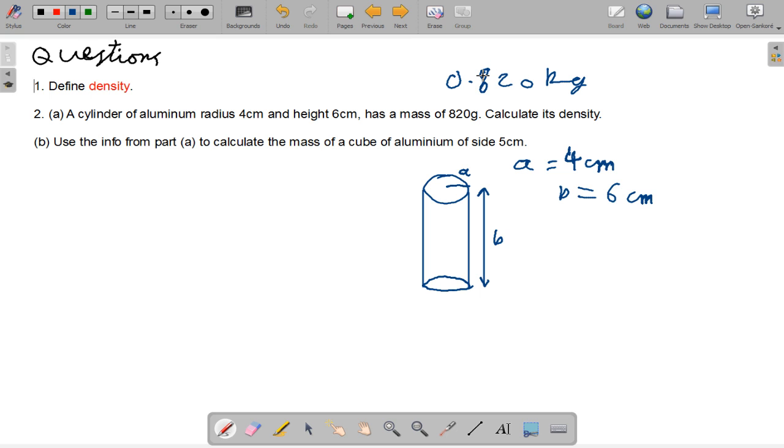So when you get to it, just divide it by 1,000. Use the information from part A to calculate the mass of a cube of aluminium of side 5 centimeters. So looking at the diagram, A is 4, the radius, and B is 6 centimeters, the height. So I'll give you 5 seconds, and then we can look through the answers.